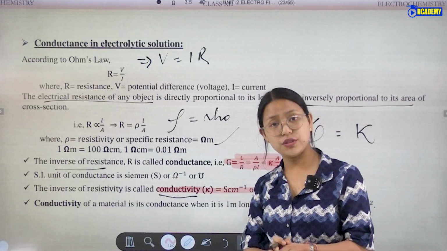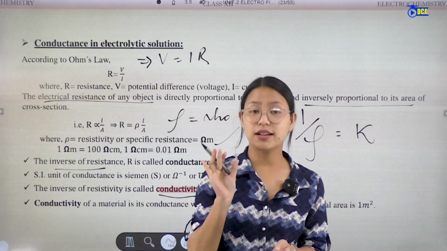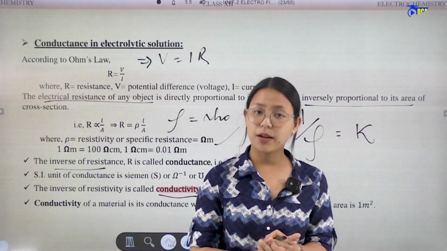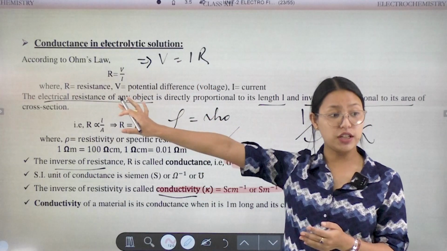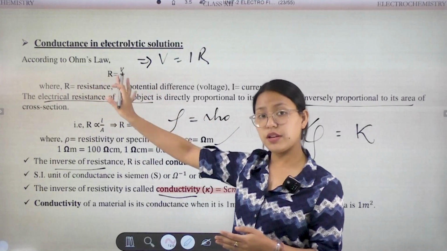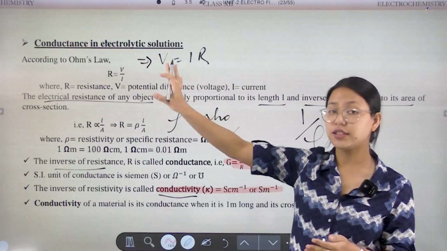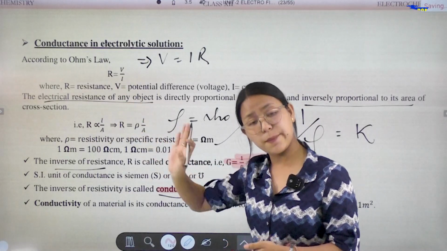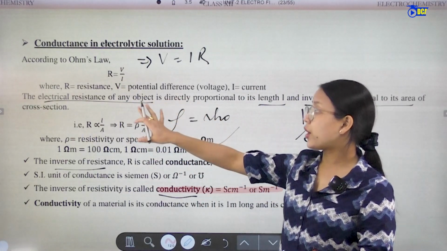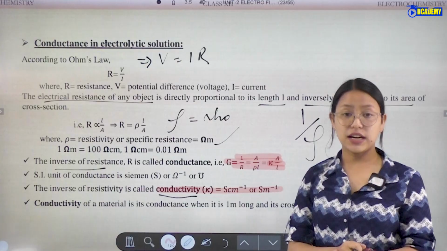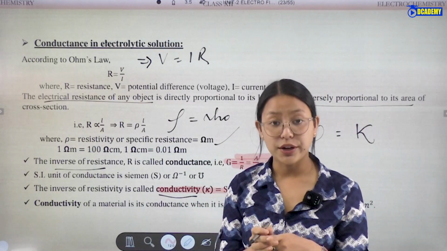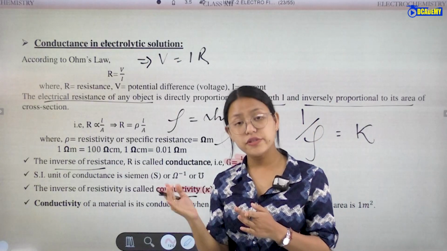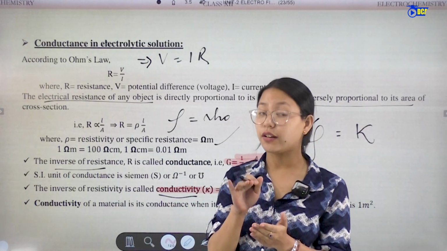From Ohm's law, V equal to IR, so R equal to V by I. The electrical resistance is proportional to the length of the wire and inversely proportional to the area of cross section.